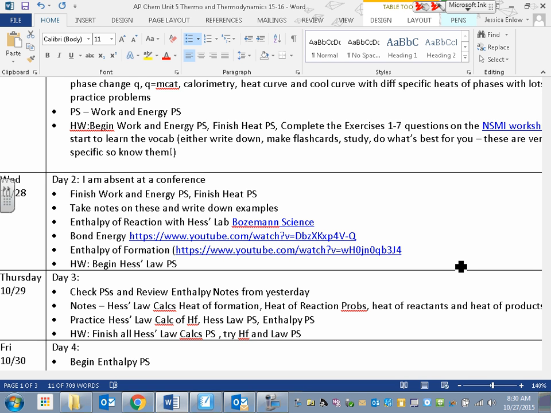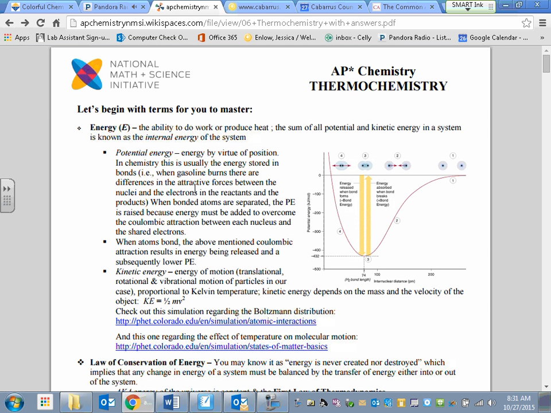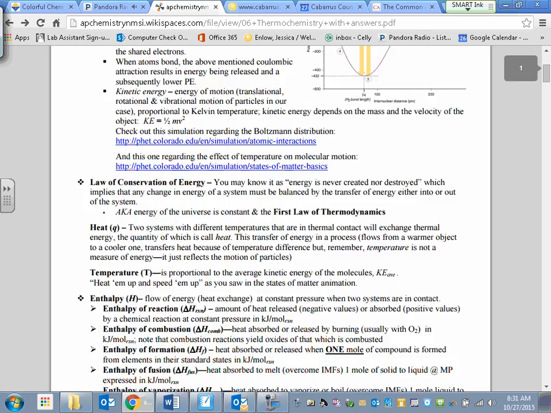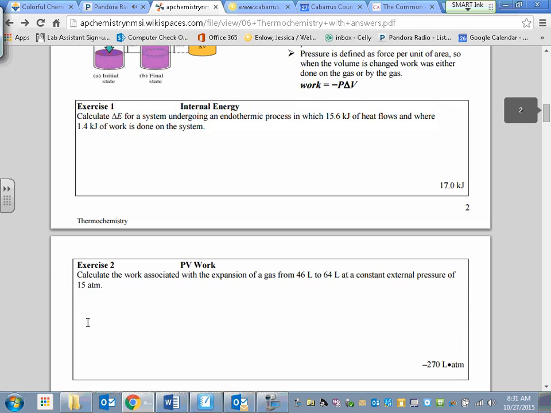The other thing, and I would like this to be done by Friday, is the NMSI, the National Math and Science Initiative. There's some great reading here. That's all great, but I want you to keep getting more comfortable with this thermochem stuff that's kind of new.